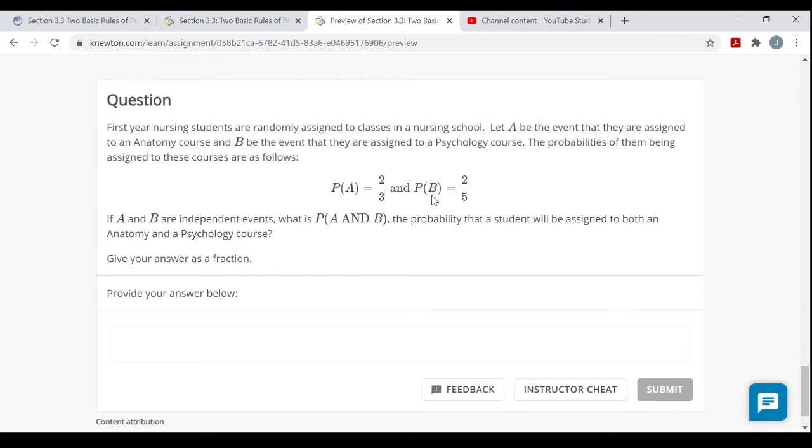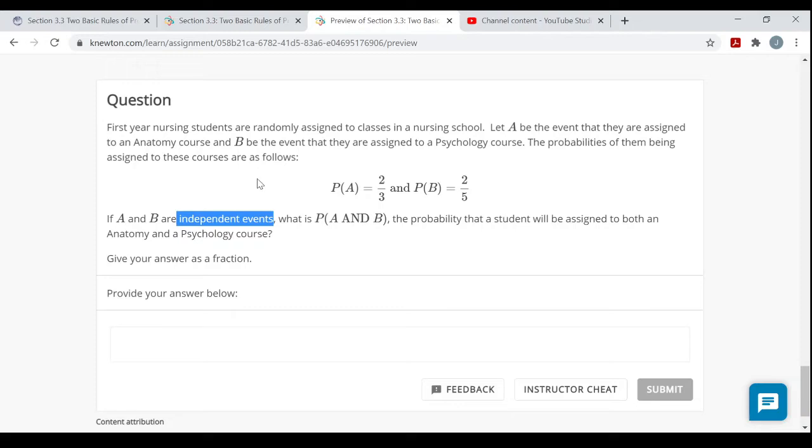The probability that a student is assigned to a psychology course is 2/5. Now, A and B are independent events, meaning that if a person is put into an anatomy course, that has no effect on whether or not they're put into a psychology course, and vice versa.